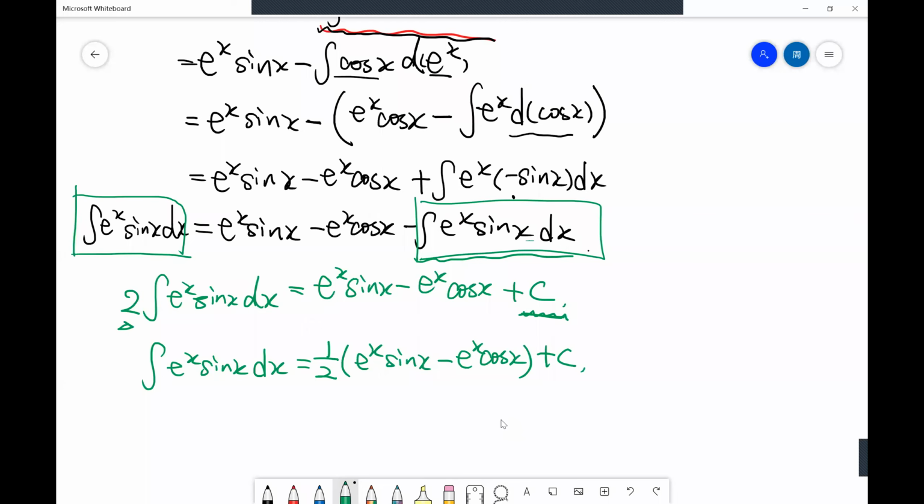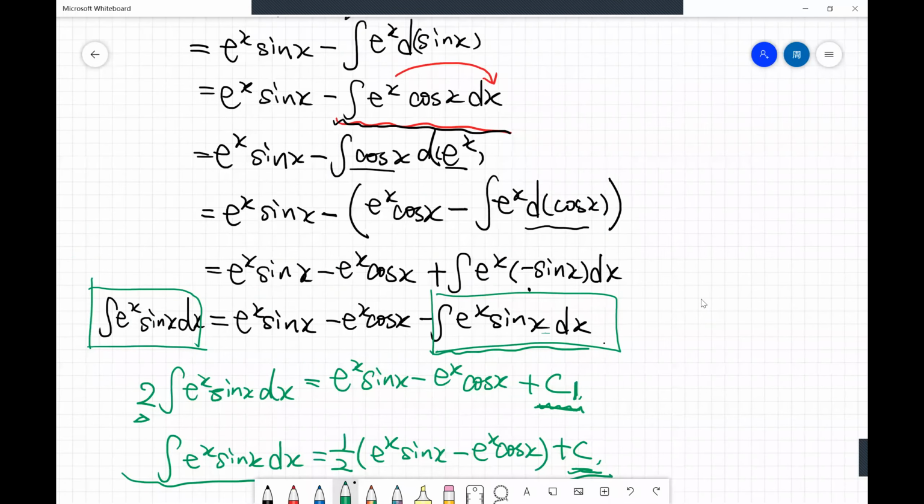So it can be 1, it can be 2, it can be any constant. So C/2 is also a constant, right? So we can use C here. Or if you want to make it clear, you can write C1 and then write plus C here. So here is the final result for this question. Okay, any question, any doubt about this example?